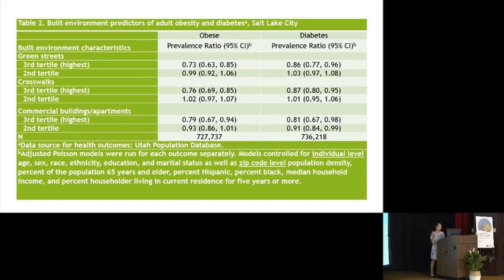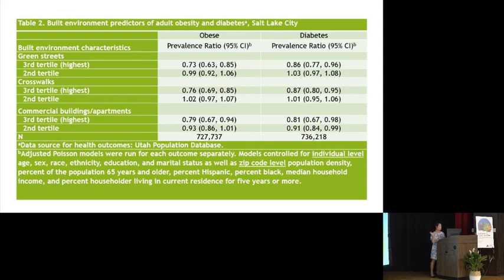And we're finding that those 3 characteristics were associated with better health outcomes. So, for instance, if an individual lived in a zip code that had the most green streets, they had a 27% reduction in obesity.